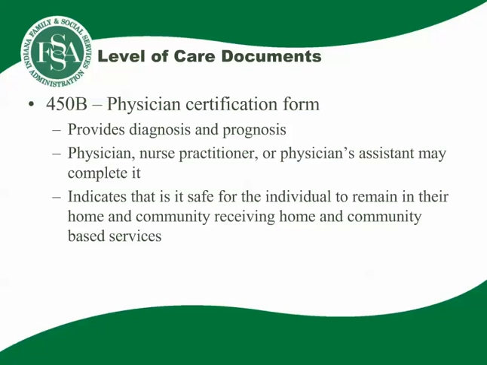The most important piece off of this form is that the doctor, or again the nurse practitioner or physician's assistant, is signing indicating that it's safe for us to provide home and community-based services to the individual in their own home or a community setting such as an assisted living.